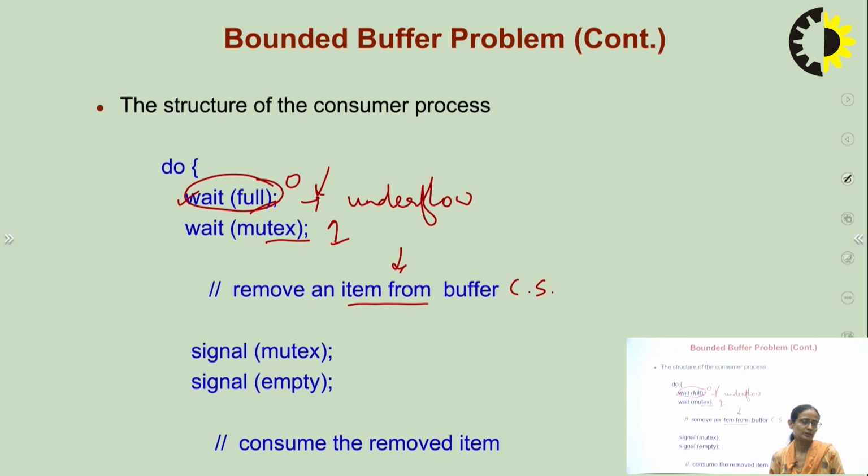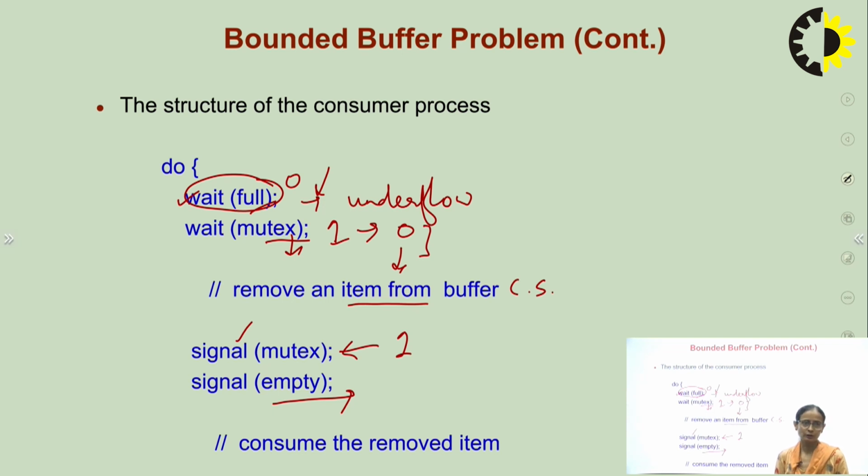As soon as it comes out of its critical section, it will notify the producer process that it can again start producing things, and it will do so with the help of mutex, because after execution of this operation, its value has become 0. Once it has been signaled, its value becomes 1 again and it will do signal empty.